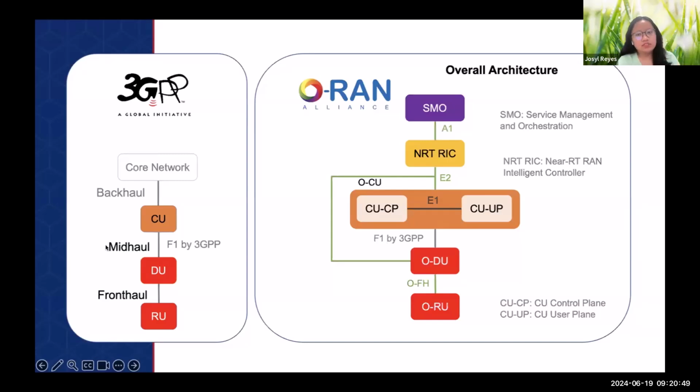Within that radio access network, we can have three different parts: the centralized unit, the distributed unit, and the radio unit. Kung ano man yung functions nila depends on the assigned protocols, but mostly you can imagine that the CU is in charge of the network layer functions, then the DU is in charge mostly of the data link layer functions, and then the RU is usually handling the physical layer functions.